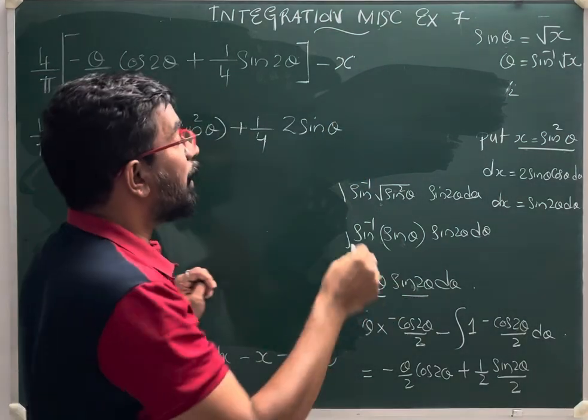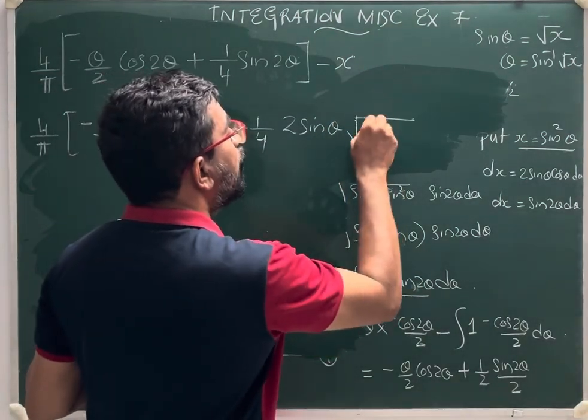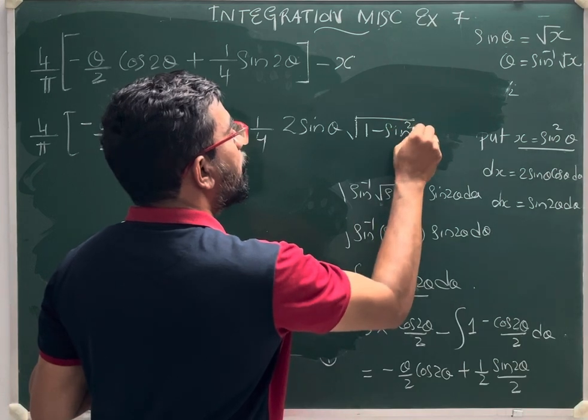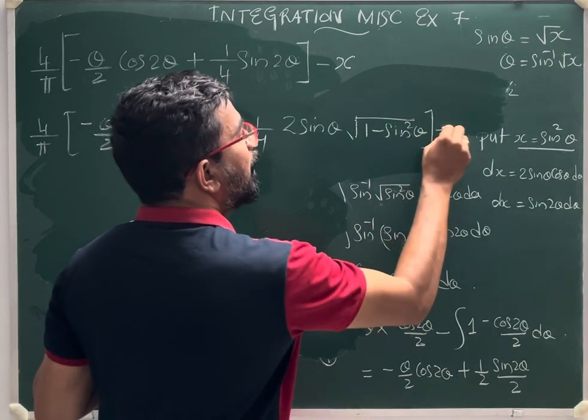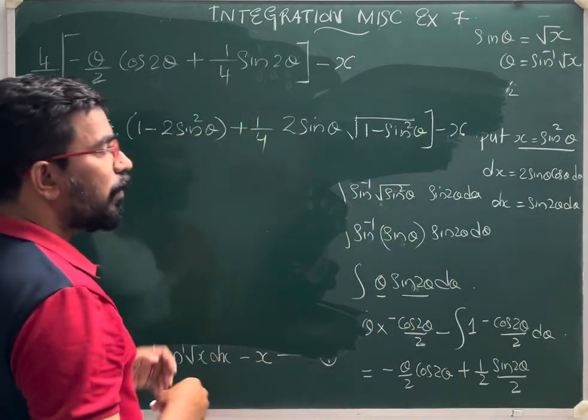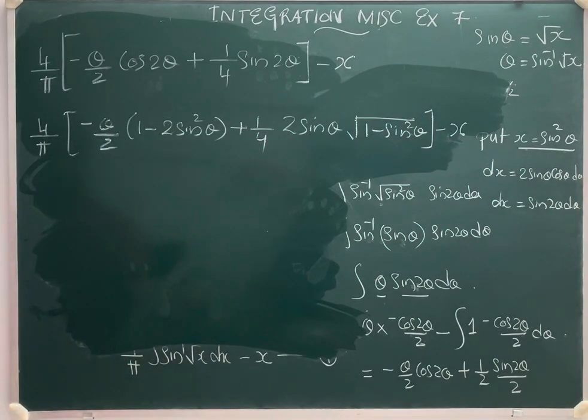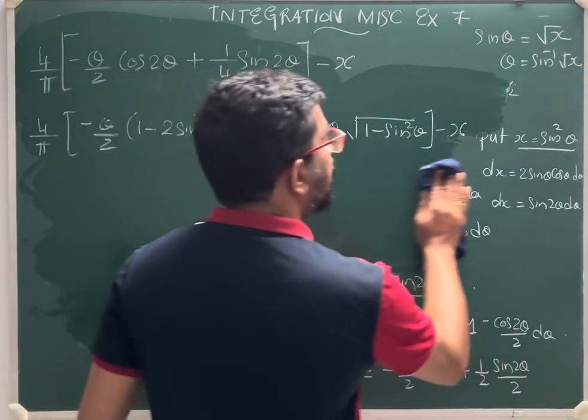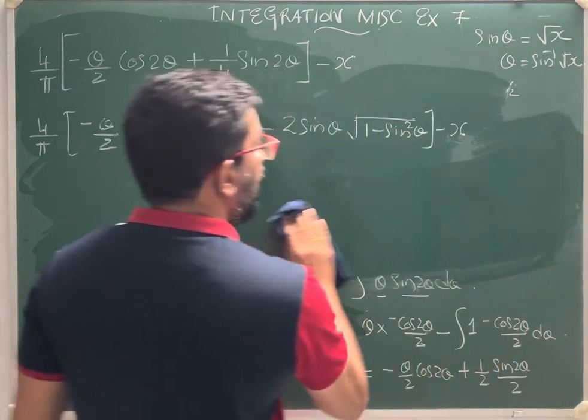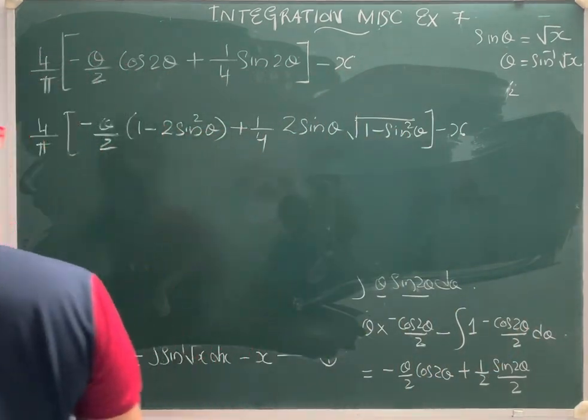That cos θ I will write as √(1 − sin²θ), minus x. So children, if you look, you will see sin everywhere. Everywhere sin, so I am going to do the replacement.